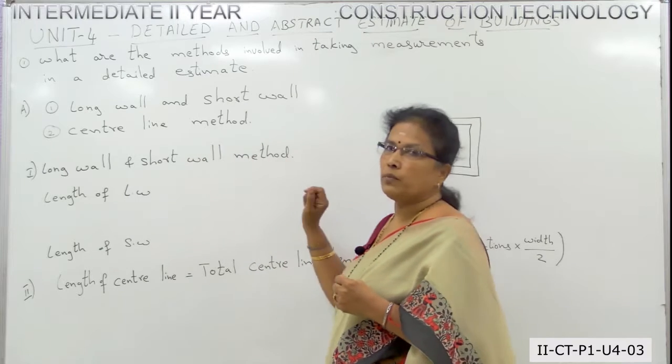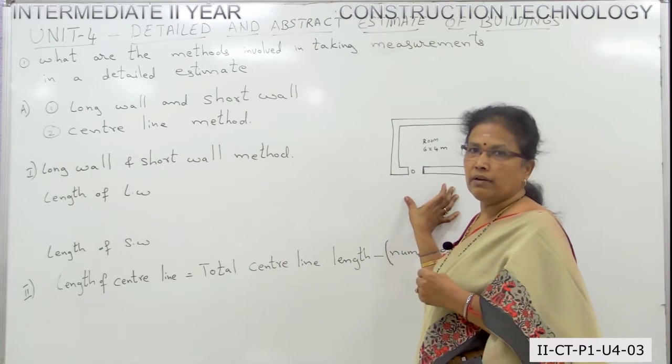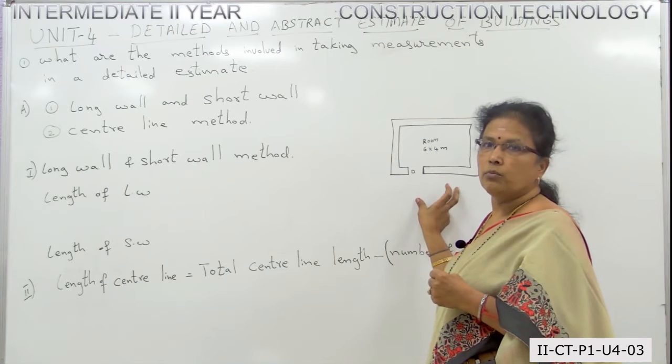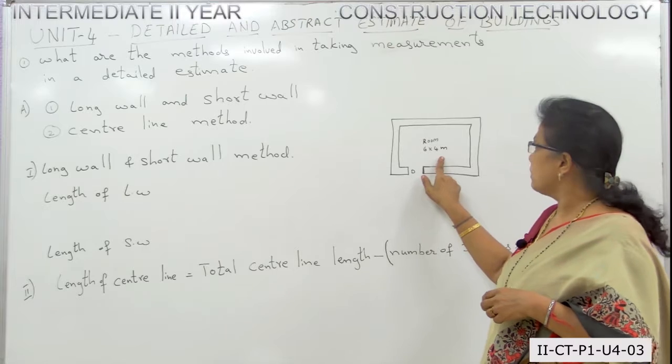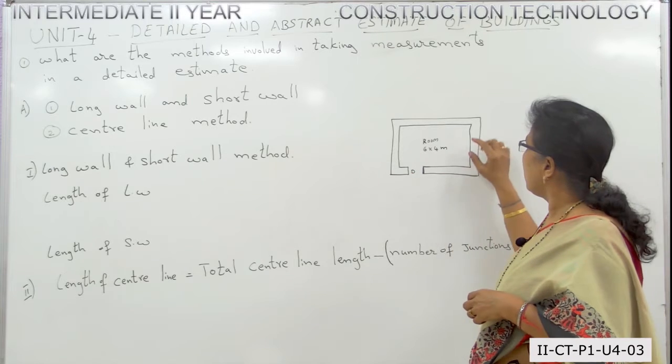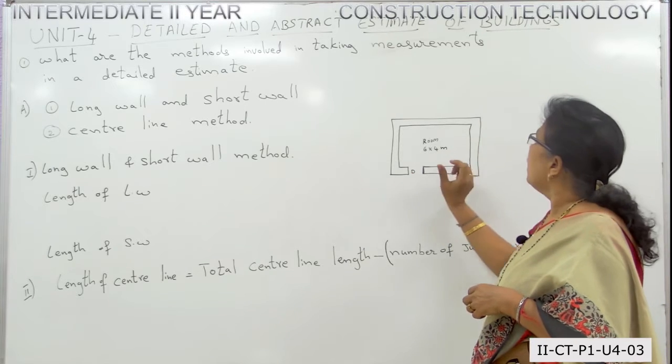Suppose here you are seeing a one room building. The size of the room is 6 meters by 4 meters.